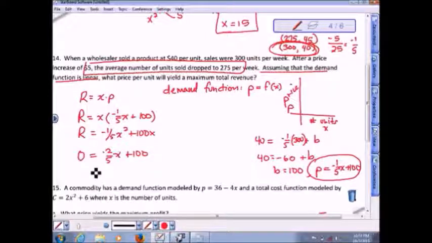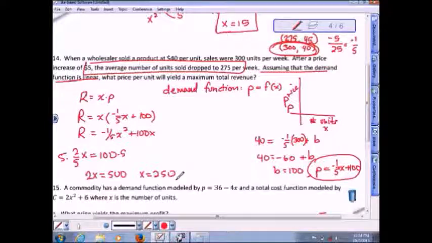If we set that equal to 0, I'm going to add this term to the other side, and end up with that. Multiply both sides by 5. You get 2x equals 500. Divide by 2, and x equals 250.